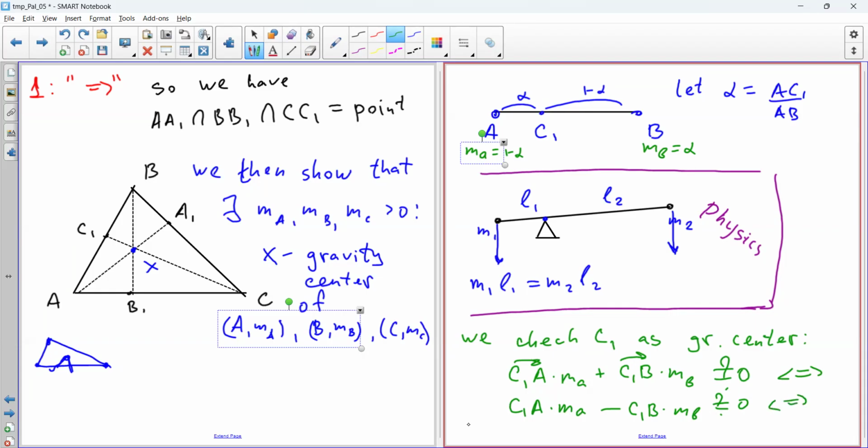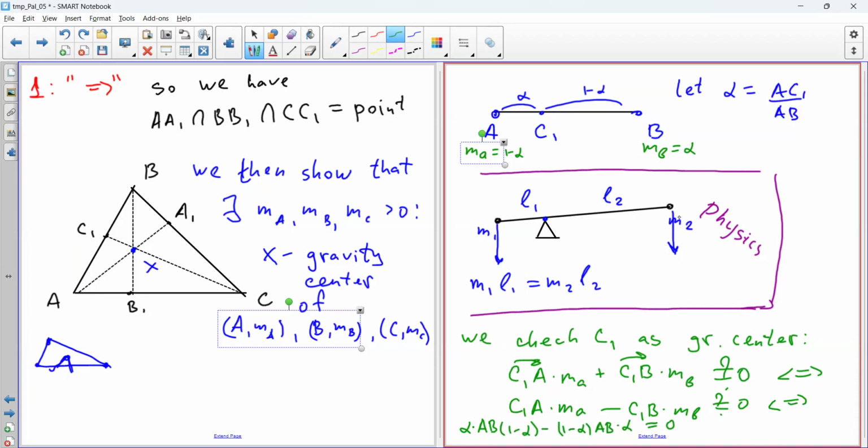So we have alpha L, alpha times AB, times 1 minus alpha, minus 1 minus alpha AB times alpha. It is 0 indeed, right?